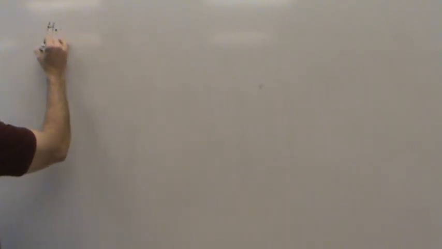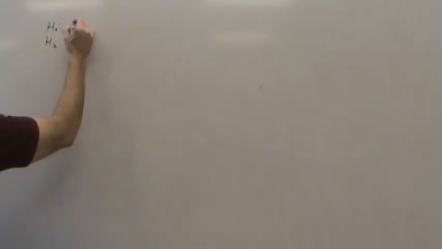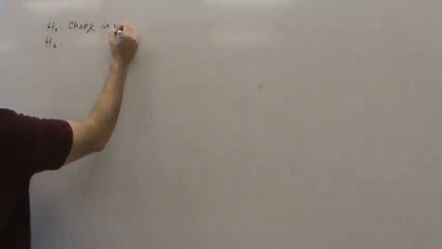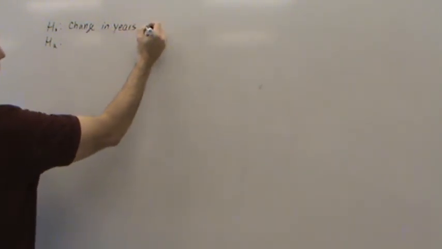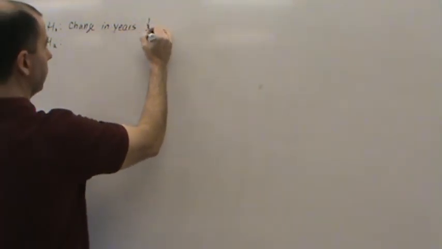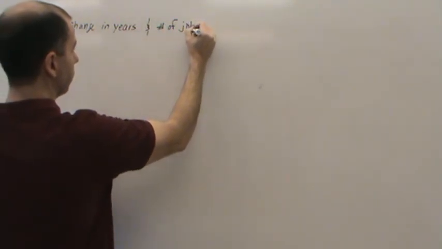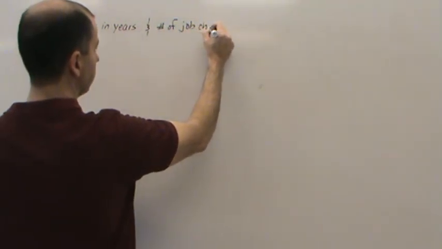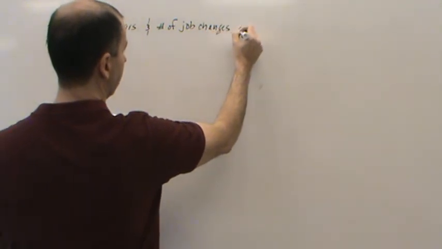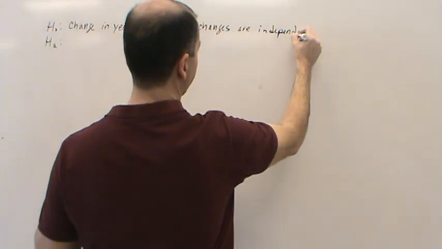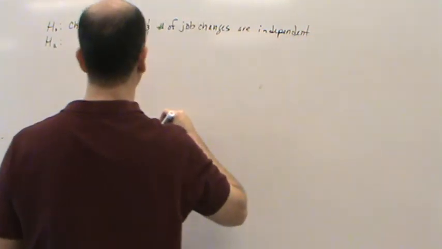So here's the null and alternative. We're going to say that change in years and number of job changes are independent. So I'm going to just phrase it the other way. Okay?